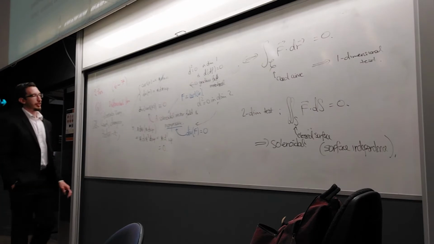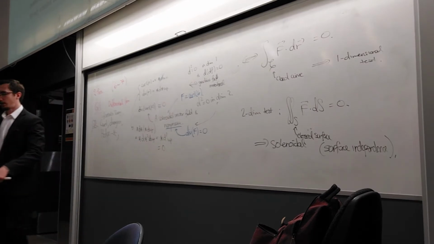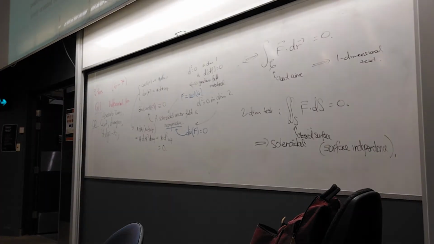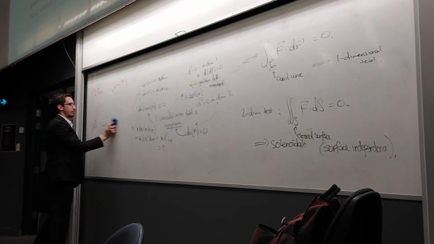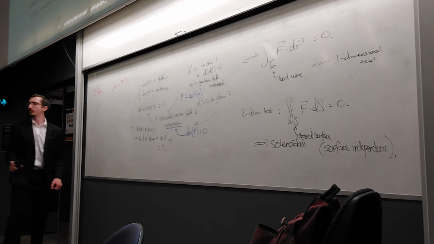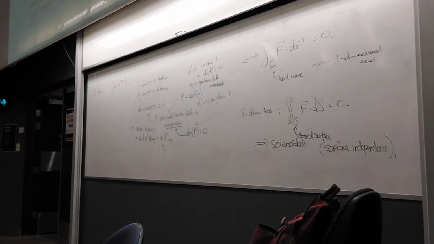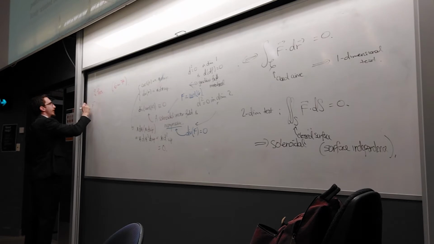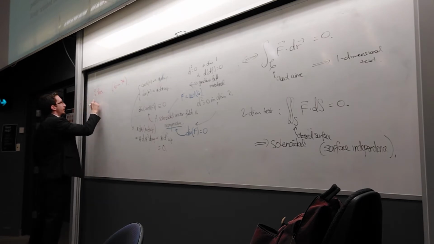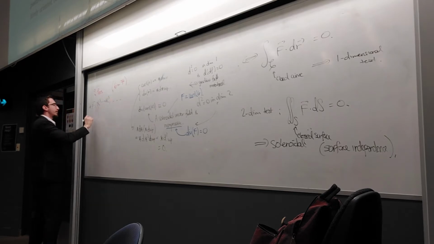So what's the question I'm going to ask, given all this theory? What is question 2 of the exam? Start with a vector field. Good choice. So let F be some maybe R3 to R3, given by some formula.